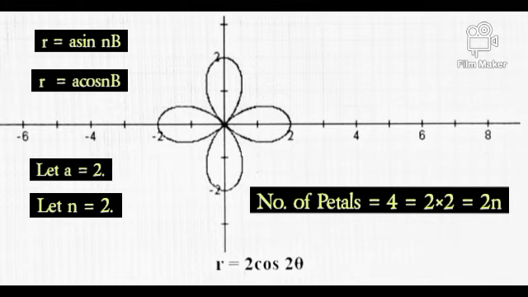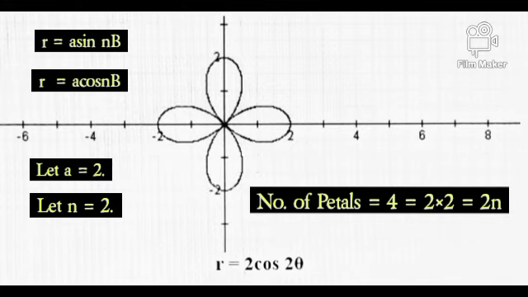And 4 is divisible by 2. It can be written as 2 multiplied by 2. But n is equal to 2. Therefore, the number of petals in the graph of the polar equation r equals 2 cosine 2b is 4, which is equal to 2 multiplied by 2 equals 2 multiplied by n, where n is the positive integer we assign to n, which is 2.